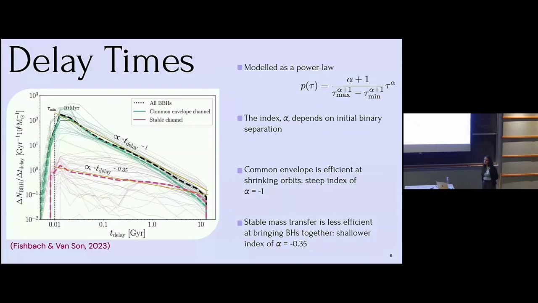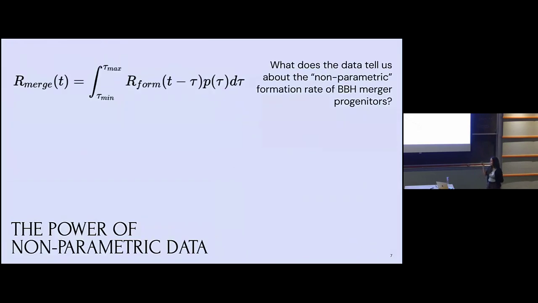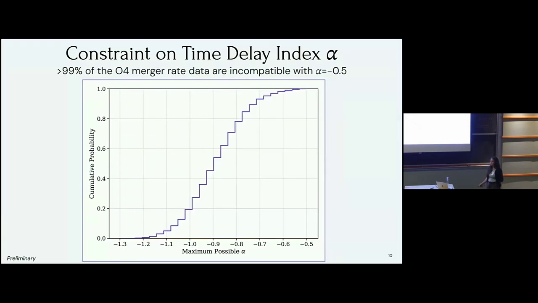Have you thought about it, or have you done any experiments? So I haven't done any experiments, but of course that is something I'm considering. One of the assumptions of this model is that it's a power law for the time delay distribution. So these results are dependent on using that model, but you could use this method assuming some other form for the time delay distribution.